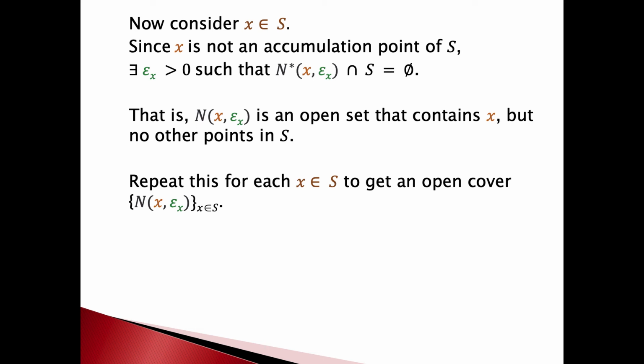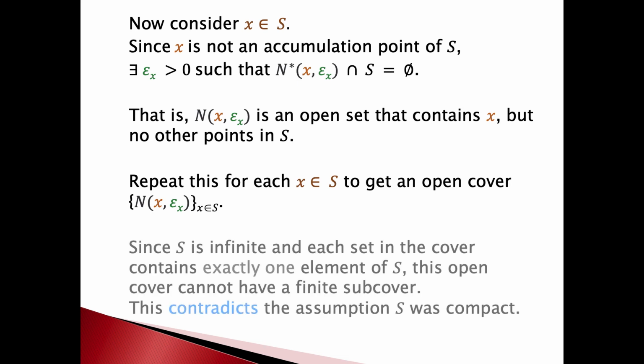But this is a problem because S was an infinite set. That means that I have created an infinite open cover, right? But S is compact, which means that every open cover, including this one, has got to have a finite subcover.